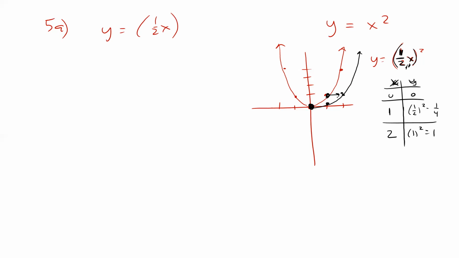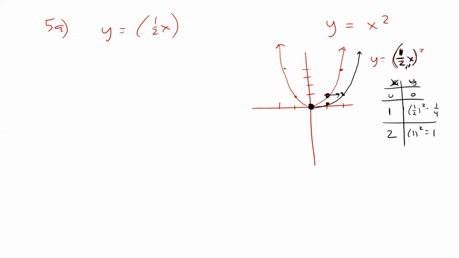So the explanation is this: as you go out away from the y-axis, it takes you twice as long to square what you normally would have done at 1. So if you were to square 1, 1 squared would be just 1. But now, if you plug in a 1, you're only at 1/2. And so it takes you twice as long to start squaring 1. Does that make sense?